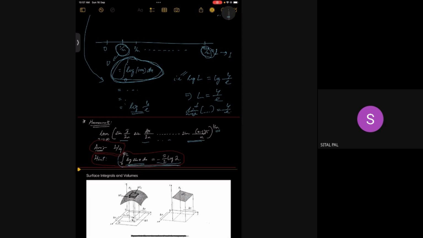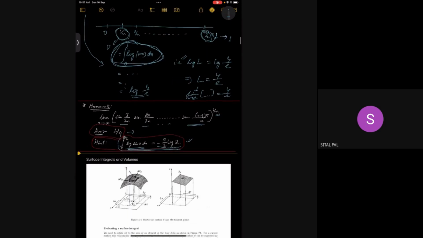So I just gave the value here itself so that you don't face difficulty. Use this value and prove that this limit exists, and it has the value 1 by 4. That is your answer. I urge you to try it so that you understand how we find the limit using Riemann sums.